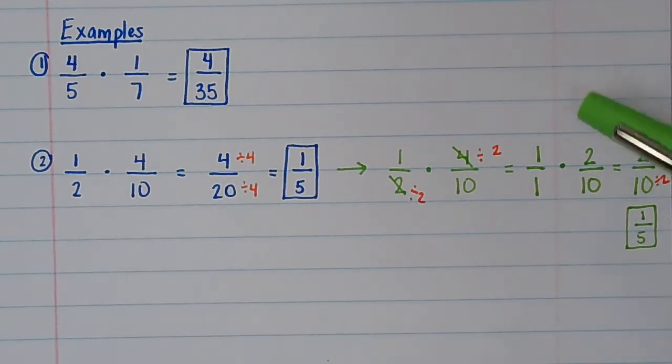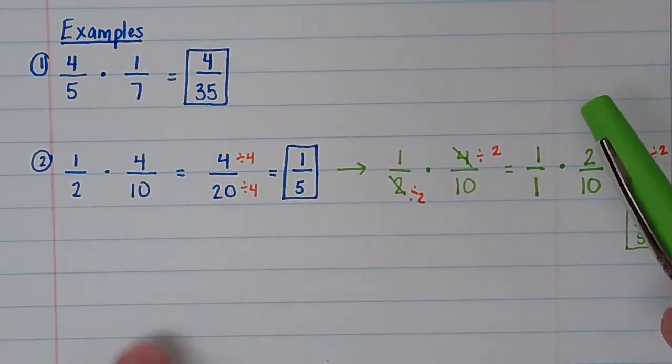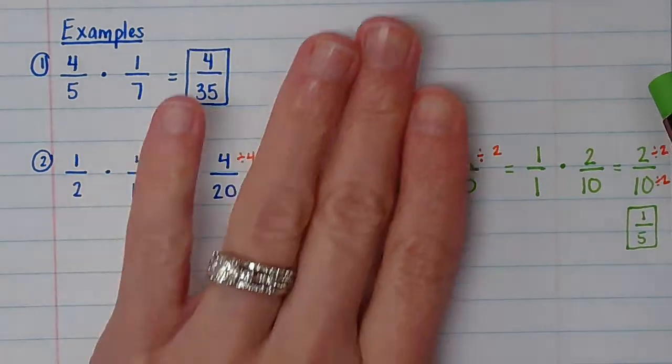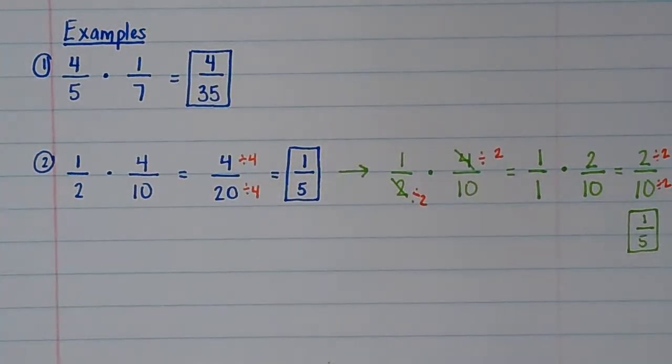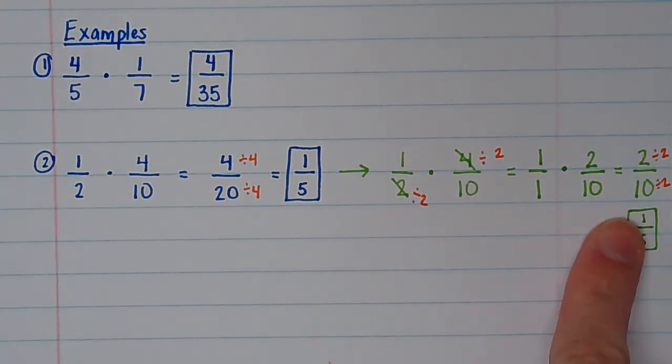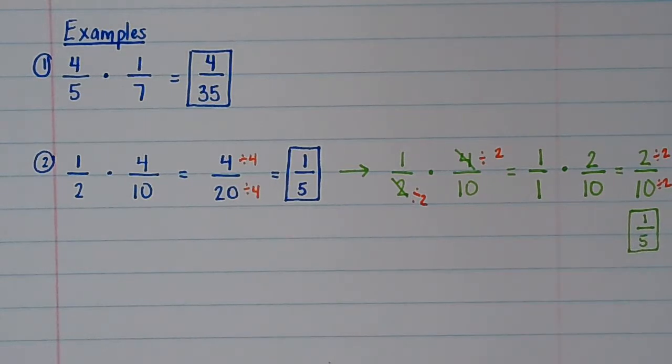The only difference is that you're working with smaller numbers. So instead of doing 1 and 4, 2 and 10, I was doing 1 and 2 and then 1 and 10. So the numbers are a little bit smaller, which makes life a little easier. But once again, it is not required. So if all this stuff in green right here confused you, then you can just ignore it. Just do the stuff in blue. Just do regular multiplying of fractions.